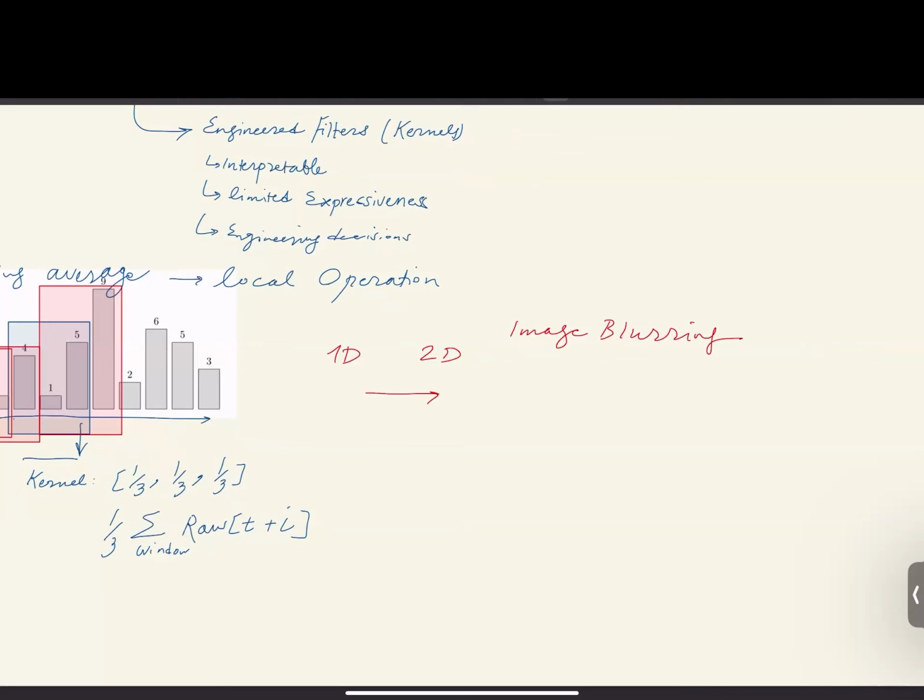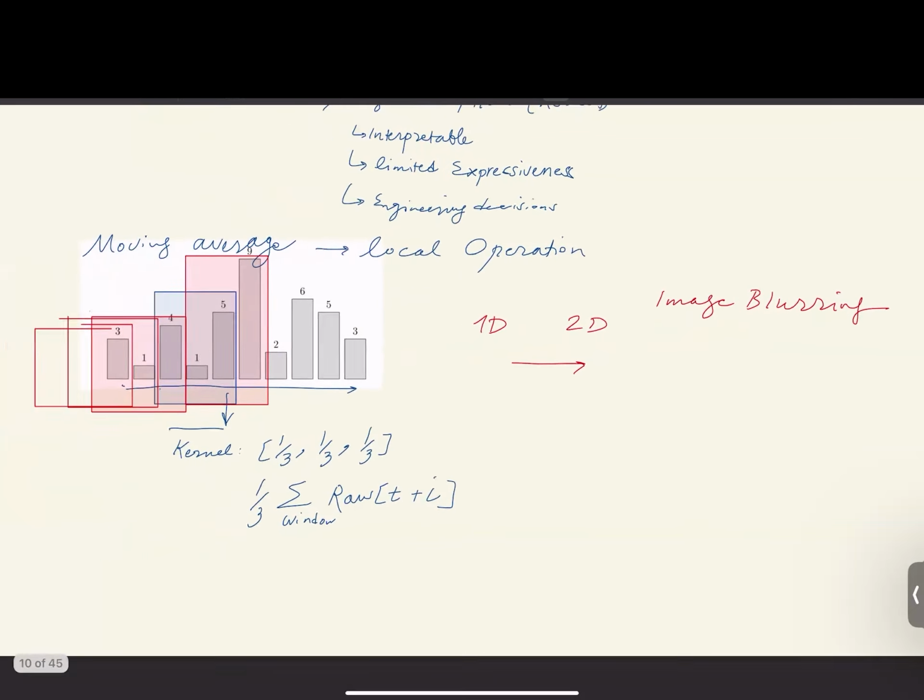The weights sum up to 1, and basically we place the kernel over each patch of the input image, perform an element-wise multiplication between the kernel's weights and the corresponding pixel values in that patch. Then we sum up all the results of that multiplication to get a single new pixel value. And then we slide the window across the entire image and repeat the same process for every location, to create a new blurred image, right?